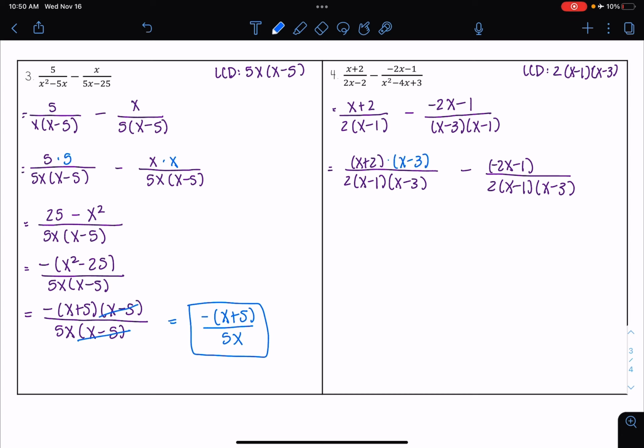For my second one, the only term I am missing is 2. So I need to multiply by 2 here. So when I multiply this top, x plus 2 times x minus 3, you should get x squared minus x minus 6. And when you multiply this 2, you should get negative 4x minus 2.